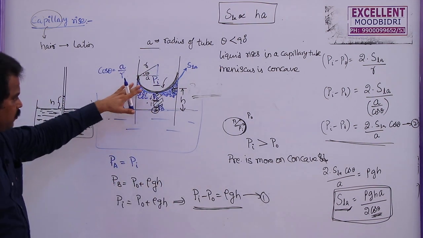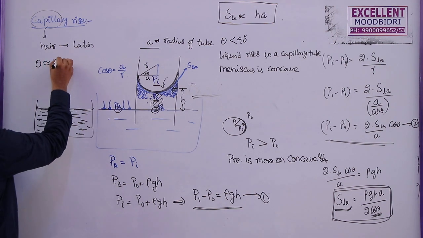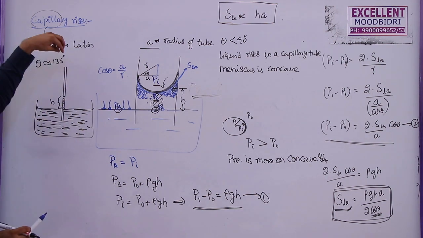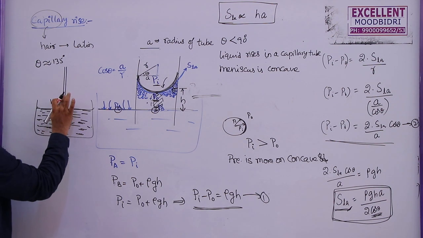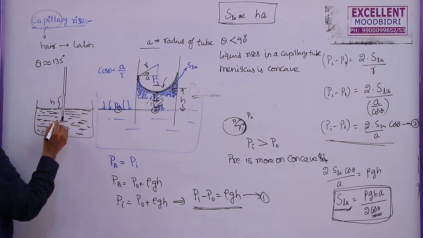But in case of mercury, whose theta is nearly equal to 135 degrees, if you insert a capillary tube in mercury, it is found that instead of rising, the liquid level will fall, and this is convex.